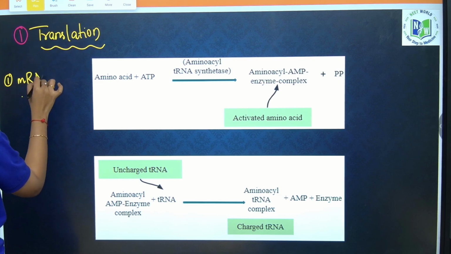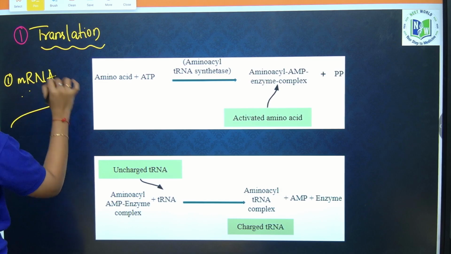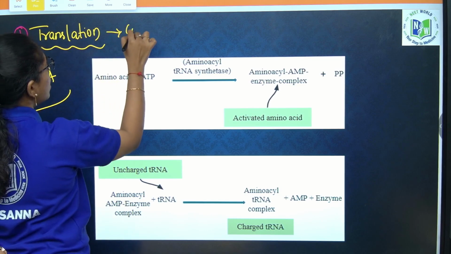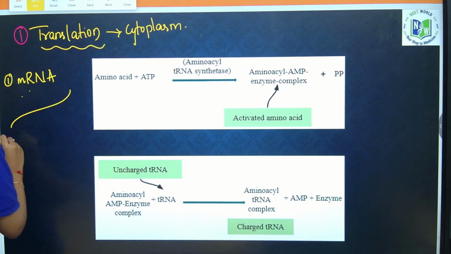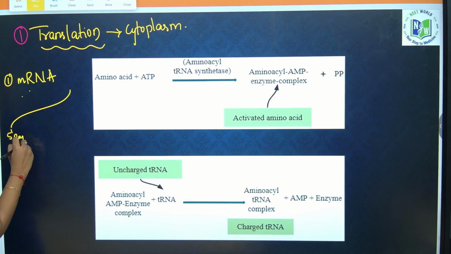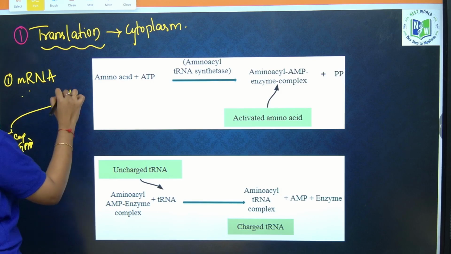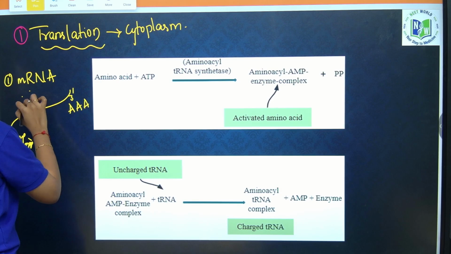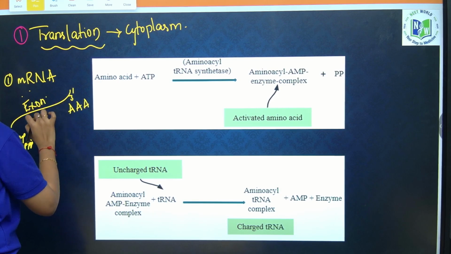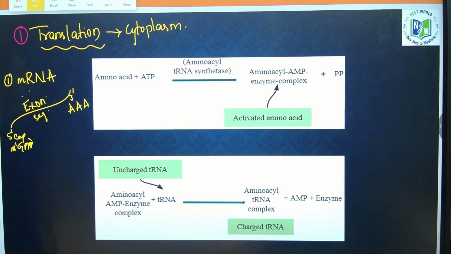If it is a eukaryotic RNA, we have the mRNA which is released into the cytoplasm. What is that? A 5' cap, methyl guanosine triphosphate, is present over here, and a 3' polyadenylation chain, and only exon sequences. This is released into the cytoplasm.